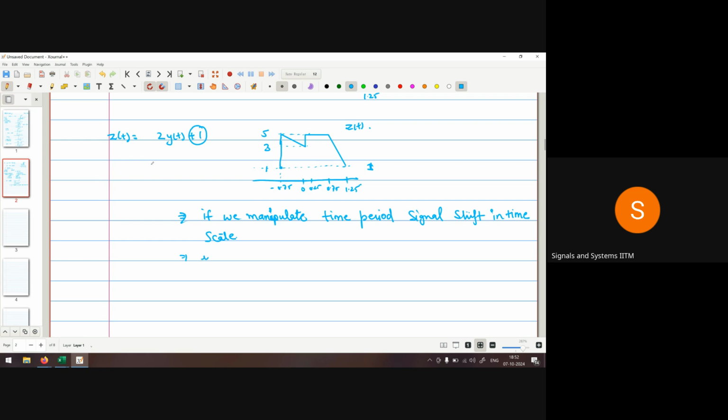And if we manipulate the amplitude, the signal shifts in the amplitude scale.